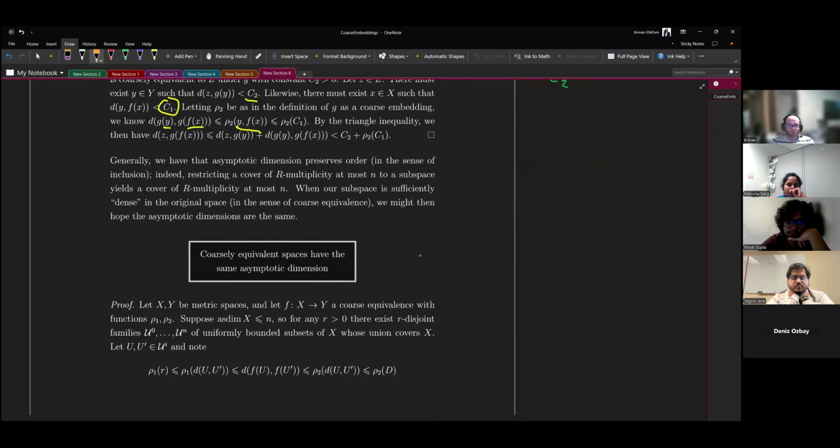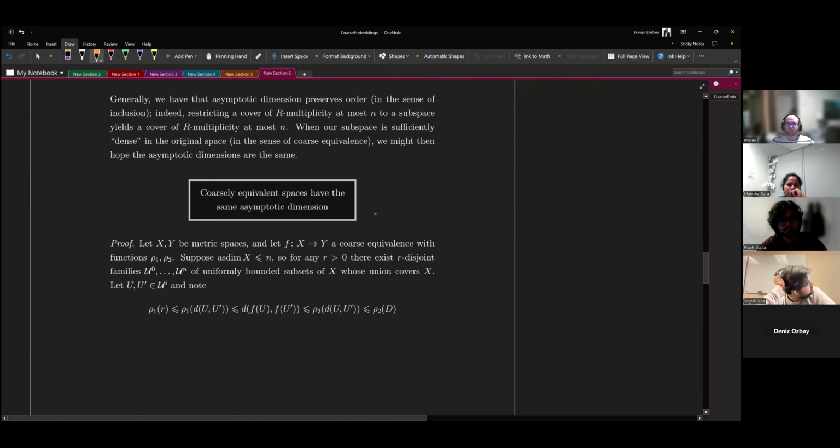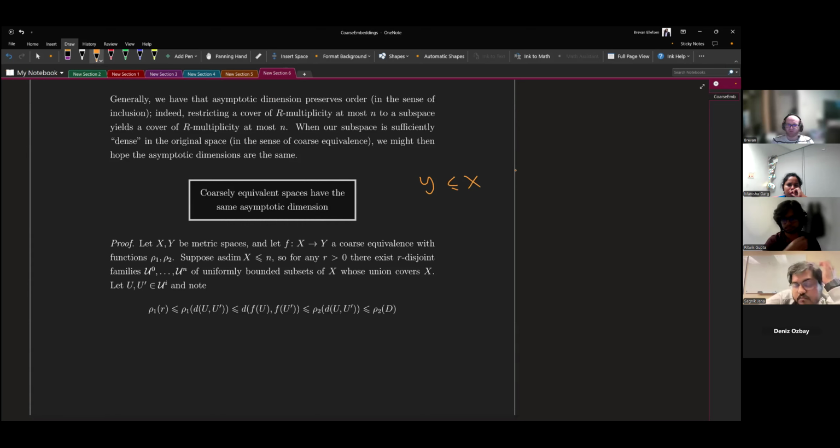So what we do is we consider a cover of our, how do I say this? Yeah, first there's an observation to make, which is that if we have y as a subset of x, then if we've covered x with an R multiplicity cover, we can just restrict that to y.